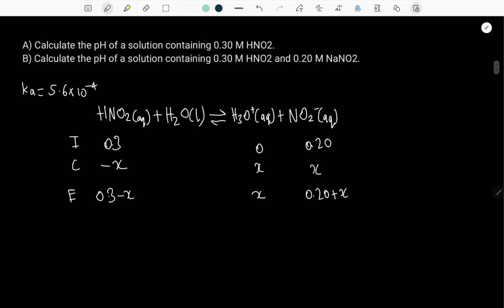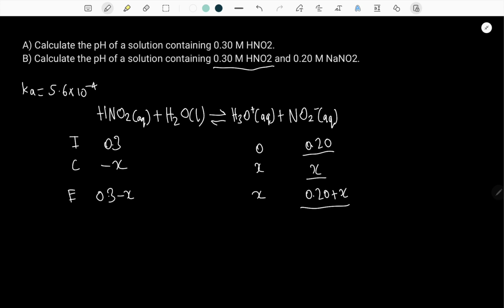Here in part B, we are to calculate the pH of a solution containing 0.3 concentration of HNO2, and it is given that we have 0.20 concentration of NaNO2. So in the equation, we are going to write 0.20 for the initial, and the change is still going to be x, and then the final will be 0.2 plus x.